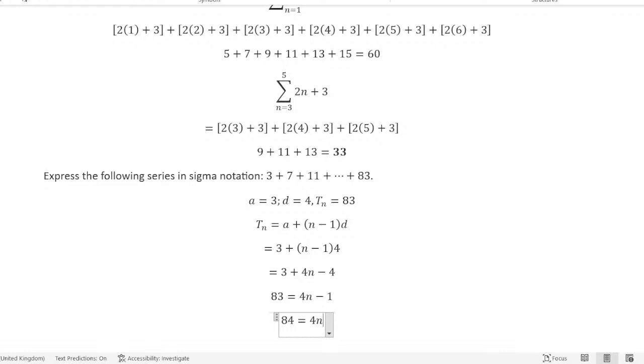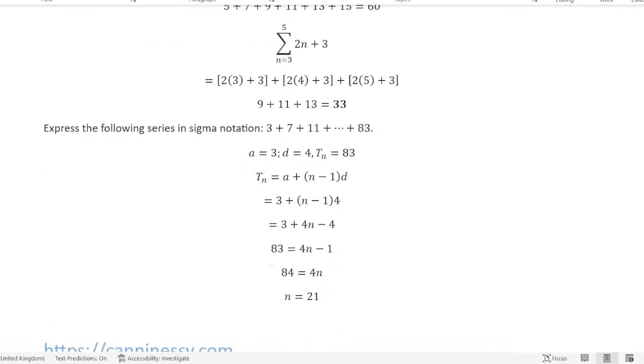Then that was 83 plus 1, which is equal to 84. So now solve for n. Therefore n is equal to 21. So the value of n is 21. So here now we have the value of n, which is 21.